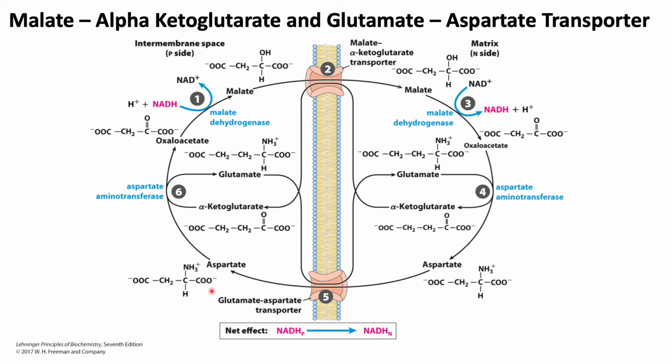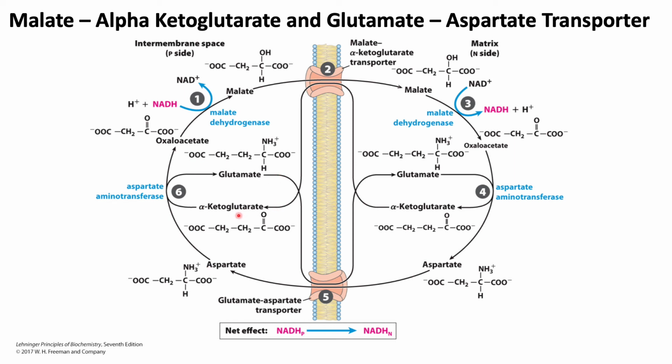And the same thing is going to happen. We're going to have a transfer of two functional groups because it is the same enzyme, aspartate aminotransferase. So the functional groups of alpha-ketoglutarate and aspartate will be transferred. Aspartate will gain a double bonded oxygen and form oxaloacetate, and alpha-ketoglutarate will gain an amino group and become glutamate.